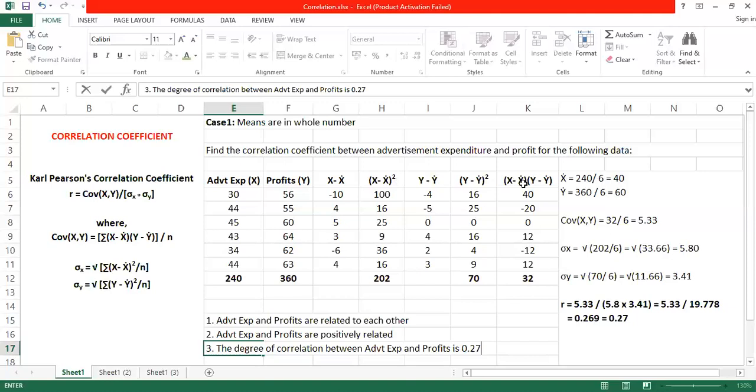Then lastly, we found x minus x bar into y minus y bar. Then with the help of the given formula, we calculated covariance of xy, sigma x, and sigma y, and finally we put all the values in the formula of correlation coefficient given by Karl Pearson, and we calculated R equals 0.27.